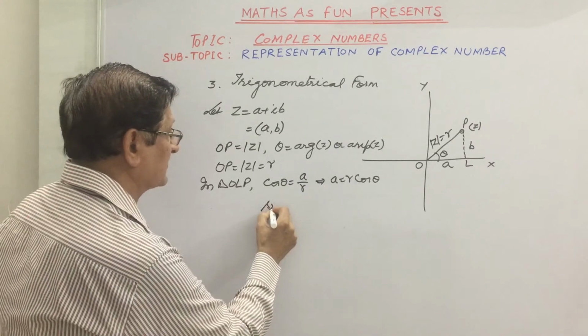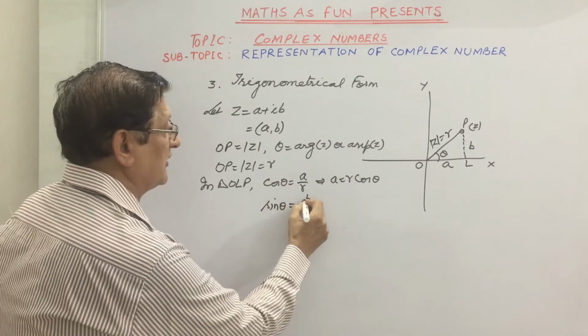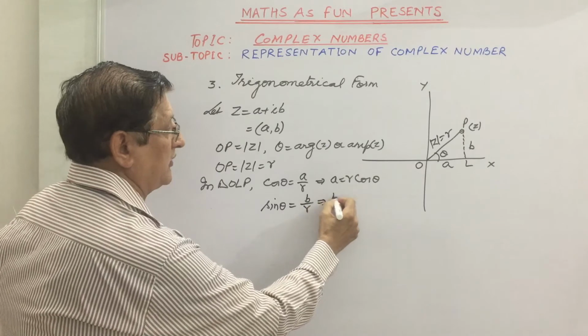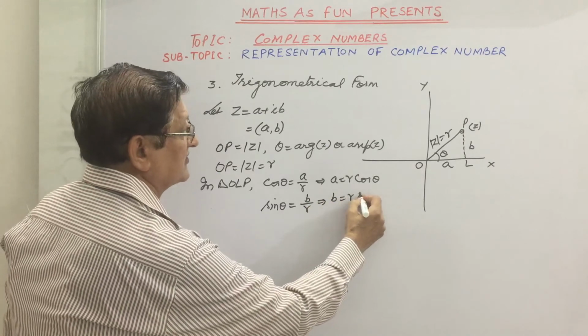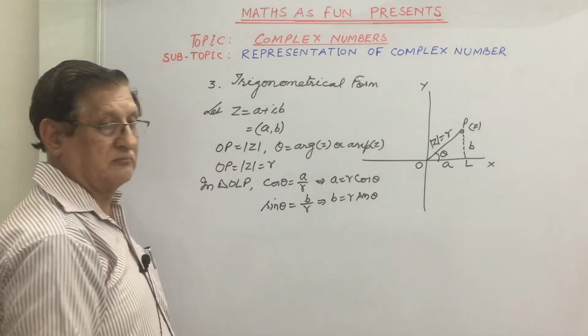If we try to find sin theta is B upon R. It means B can be represented as R sin theta.